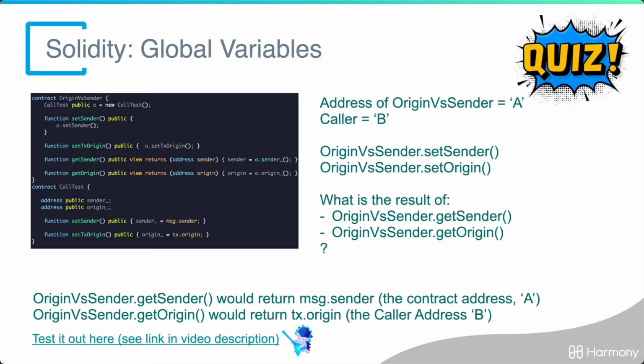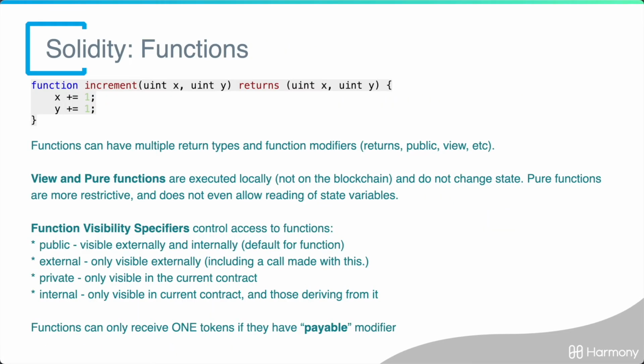Alright, let's move on. In Solidity, you can define functions which allow you to do certain business logic. So in this case, we're incrementing variables that you've supplied into the function by one, but you can do more complicated things as well. Functions can have multiple return types and function modifiers, such as returns, public, view, etc. View and pure functions are only executed locally, not on the blockchain, and they do not change the state of the blockchain.